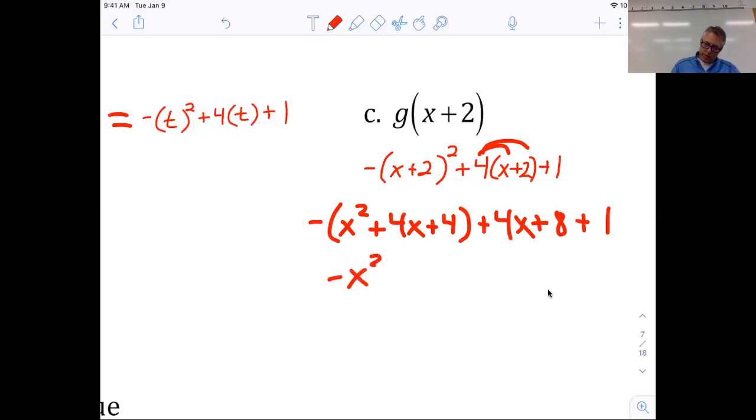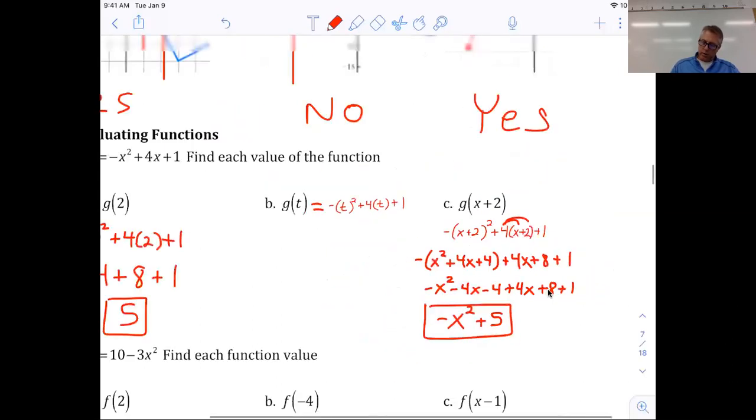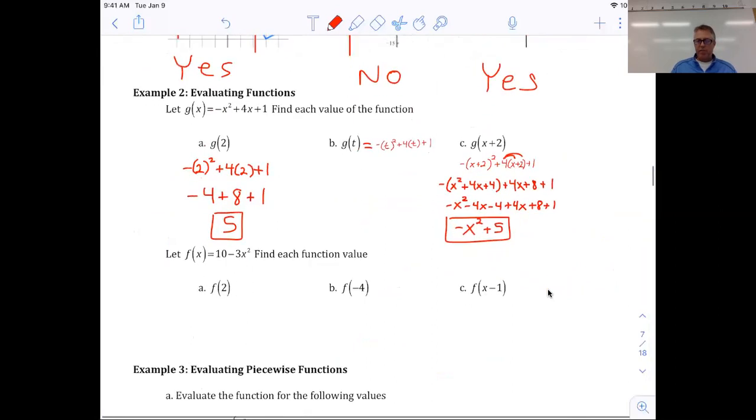Distribute our negative sign. So I get negative X squared minus 4X minus 4. And now combine my like terms. Looks like we get negative X squared plus 5.